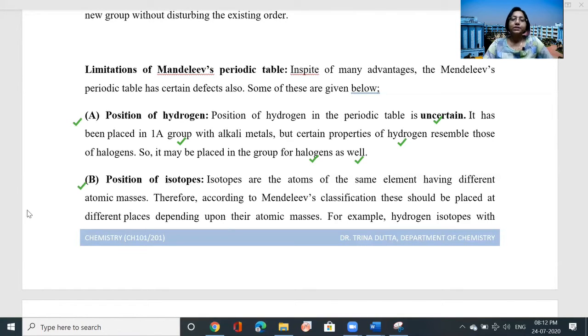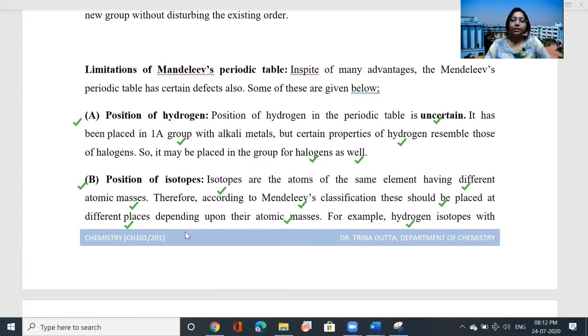B, the position of isotopes. So isotopes are the atoms of the same element having different atomic masses. Therefore, according to Mendeleev's classification, these should be placed at different places depending upon their atomic masses.